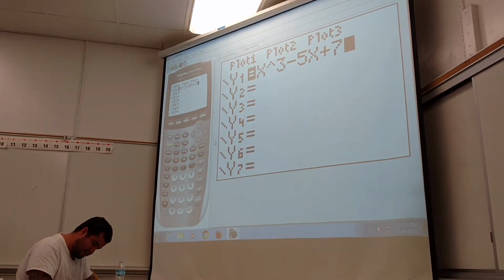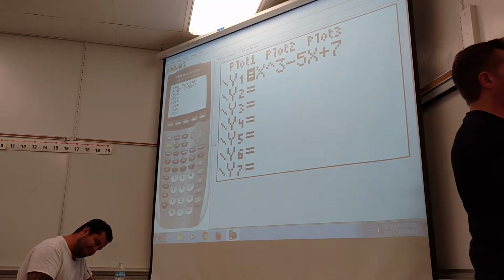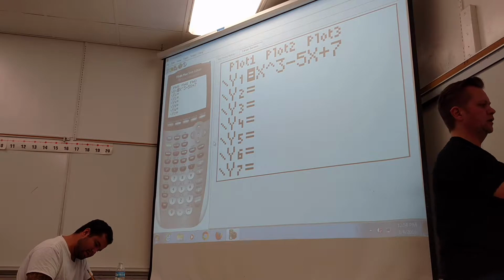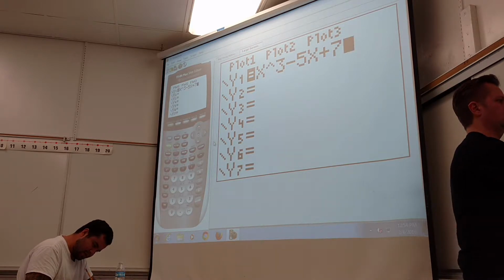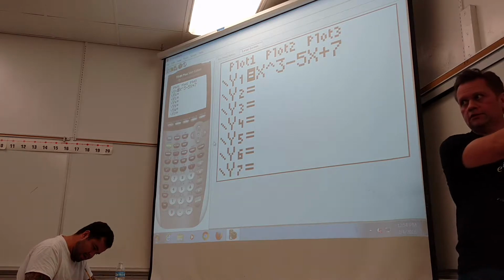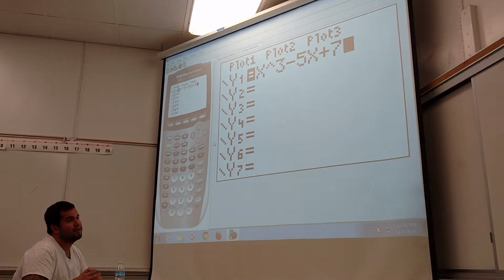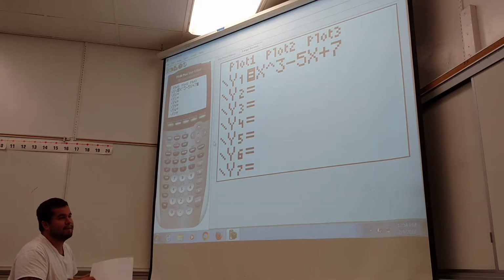So the limit as x goes to 2, and this is something from WebAssign. And that limit is 5. That's the statement, and of course you just plug in 2 and you see it's 5.